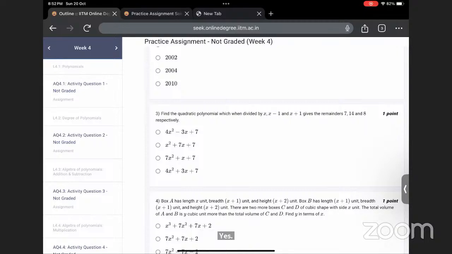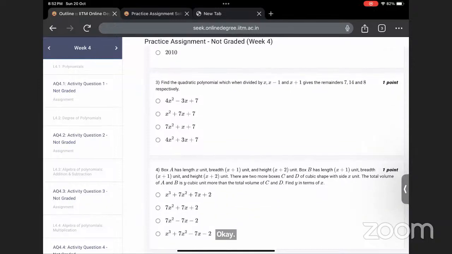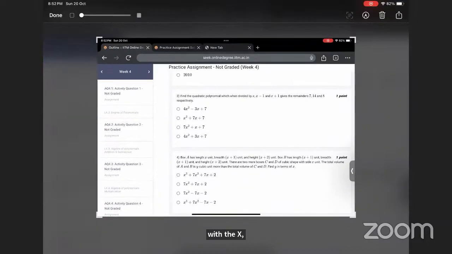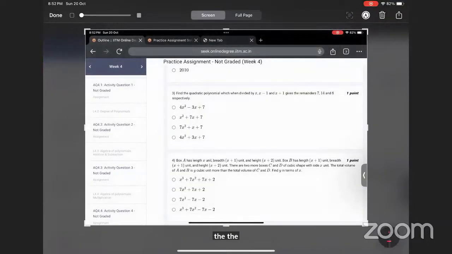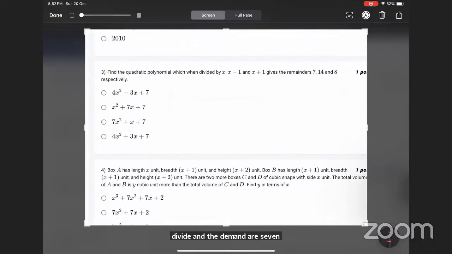Actually, I'm just expressing my idea. The remainders are 7, 14, and 8. Whenever we divide with x, the x coefficient part should be divisible, and the remainder is 7. In every equation, plus 7 is available.